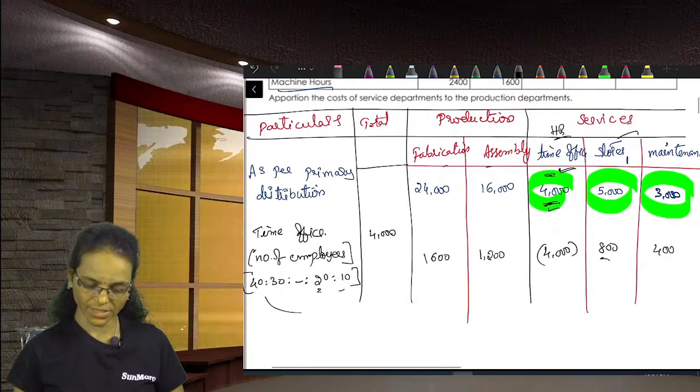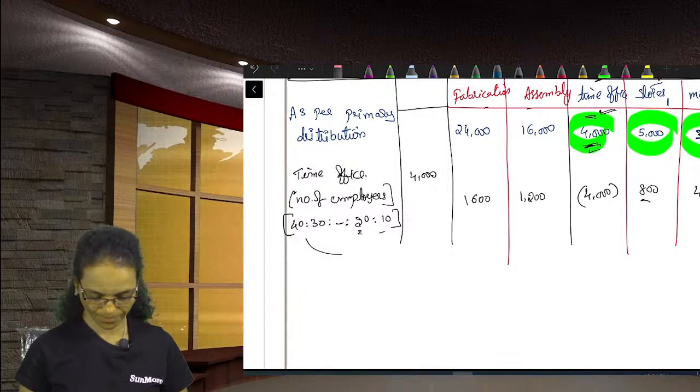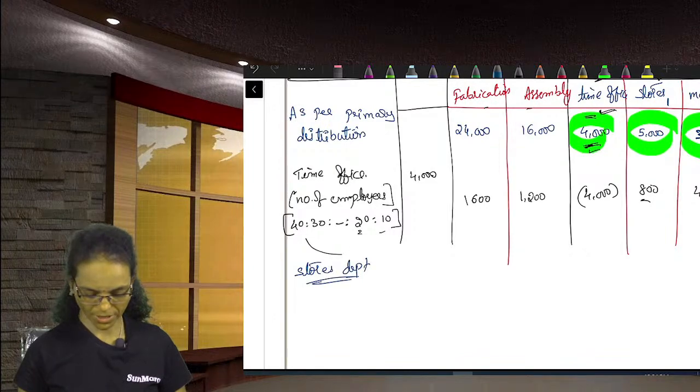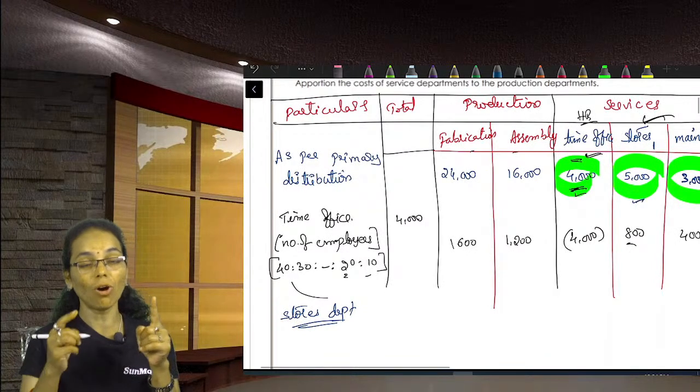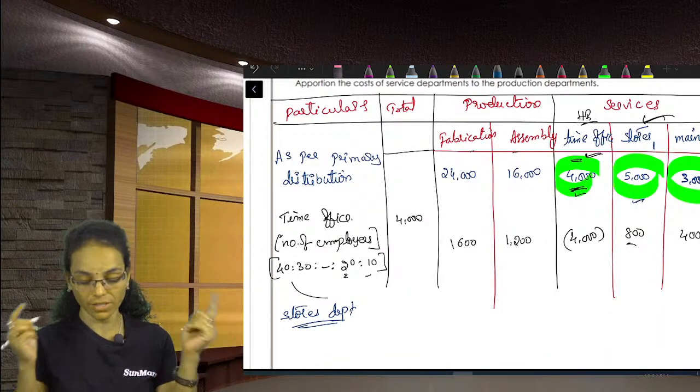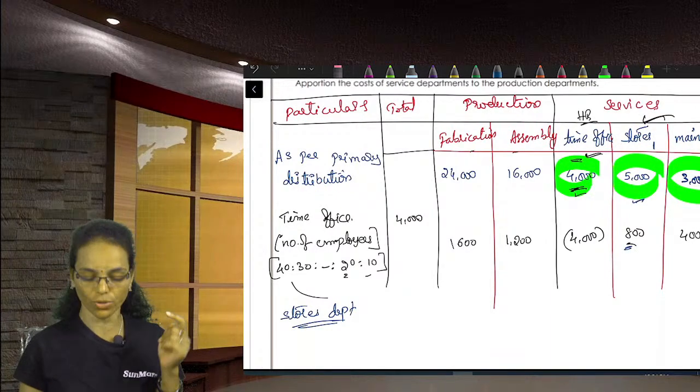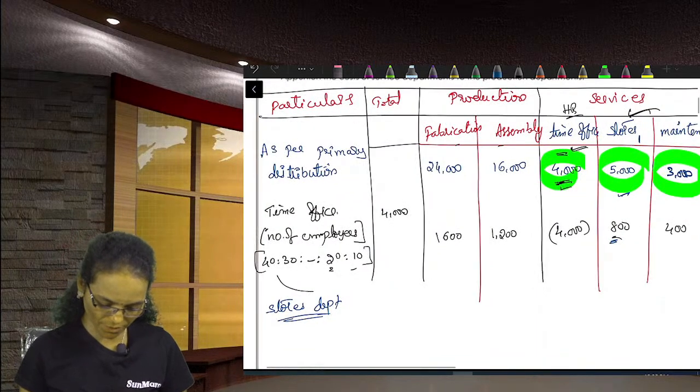After that, the next highest service providing department is the stores department. In the source department, we should not take 5,000 here because it got its HR department portion also, right? It's better you add it now itself.